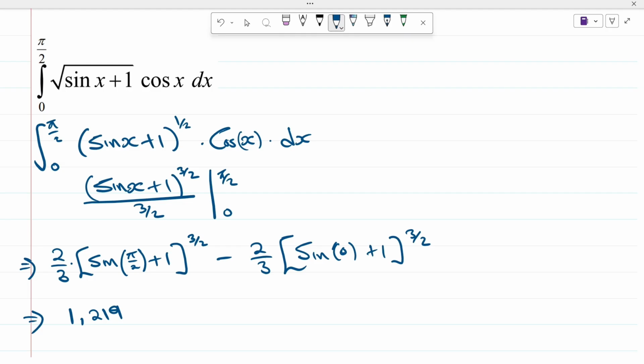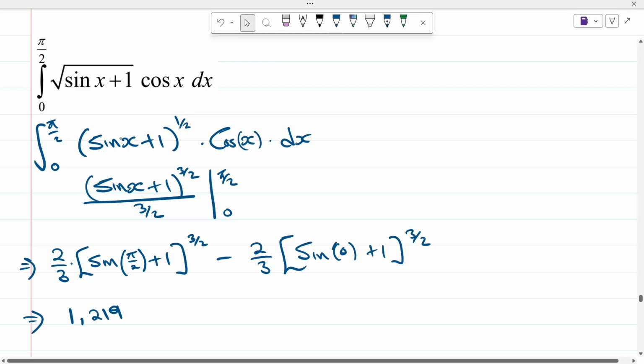Because sine of 0 is 0, then plus 1 to the power of 3 over 2 is still 1. This doesn't change. So 2 over 3 into 2 square root of 2 minus 1. 1.219 is your final answer for that question.